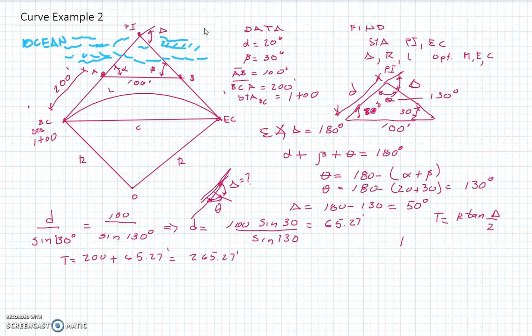So from here I can find my radius, which is my tangent divided by tangent of delta over 2.